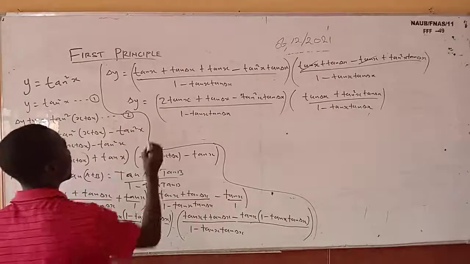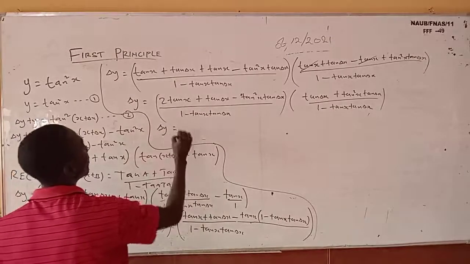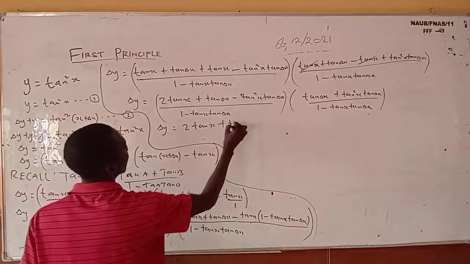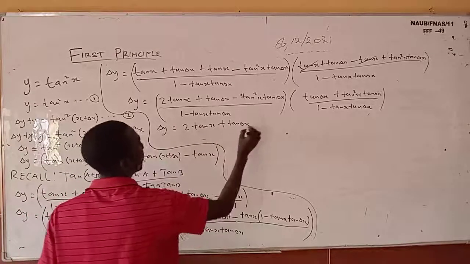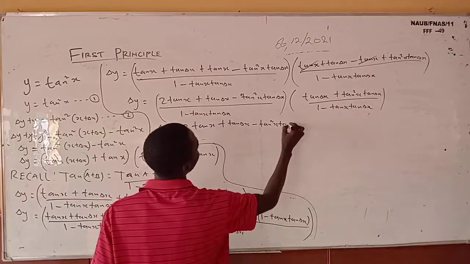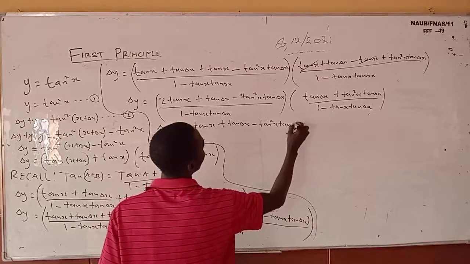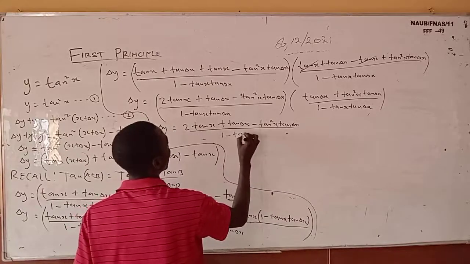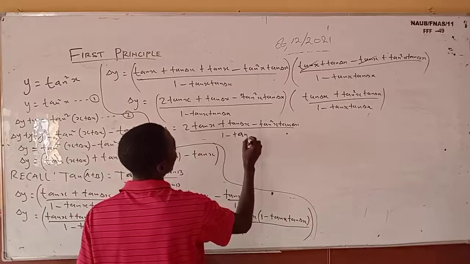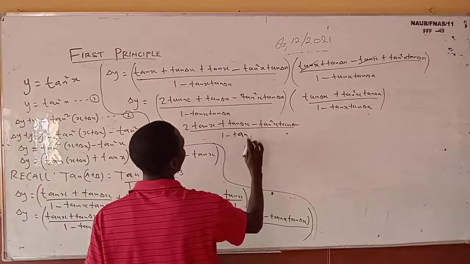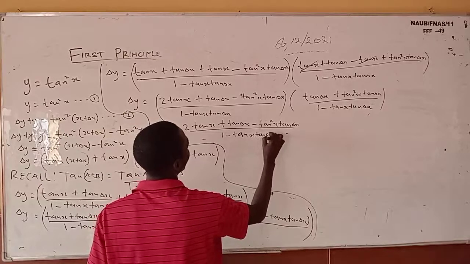If we factor out tan Δs, it means Δy will be equal to 2 tan s plus tan Δs minus tan² s tan Δs, all over 1 minus tan s tan Δs.